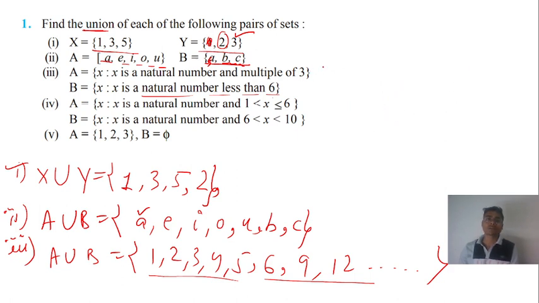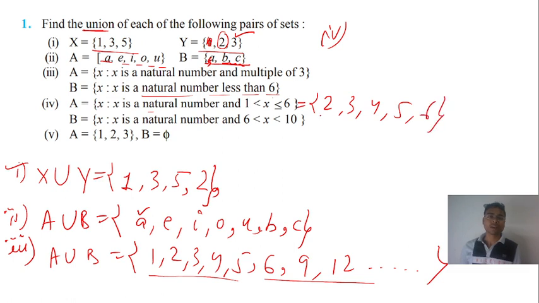Now we will solve our fourth part. What is the fourth part saying? Set A is the natural numbers greater than 1 and less than or equal to 6. The natural numbers greater than 1 are 2, 3, 4, 5 and 6. And in B, they are saying X is a natural number greater than 6 and less than 10.